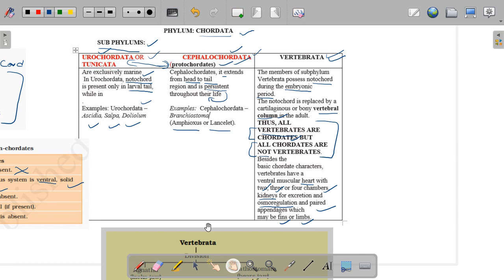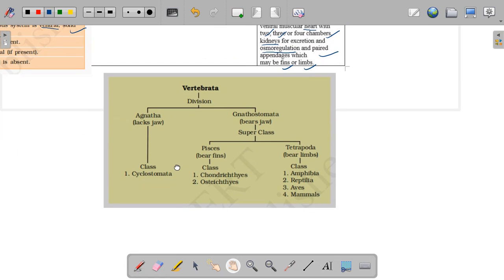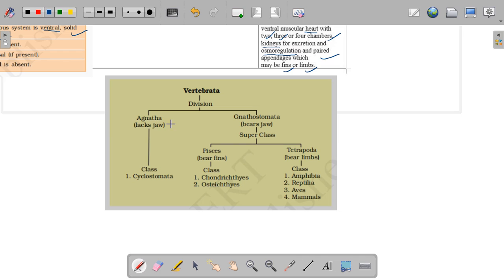Let's divide the vertebrates into classes. The subphylum divides into two further divisions: agnatha, which means they don't have a jaw, with a class called cyclostomata, and the other division called gnathostomata.